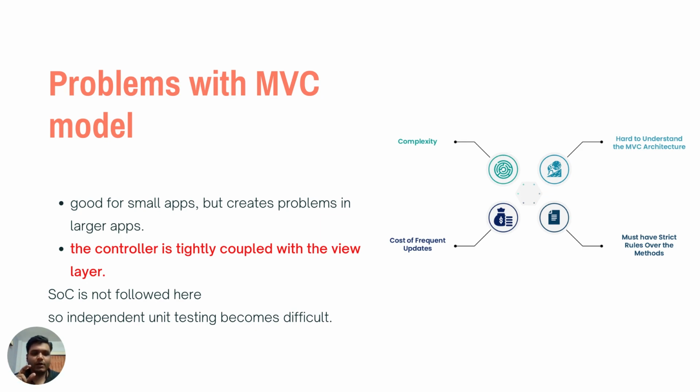When I was explaining the architecture of the MVC pattern, you must have realized that every time a button is pressed on the view, an event is raised, and the event handler in the controller layer controls the interaction with the view layer and with the model. So there is a tight coupling between view and controller. Due to this, independent testing of the controller becomes difficult.